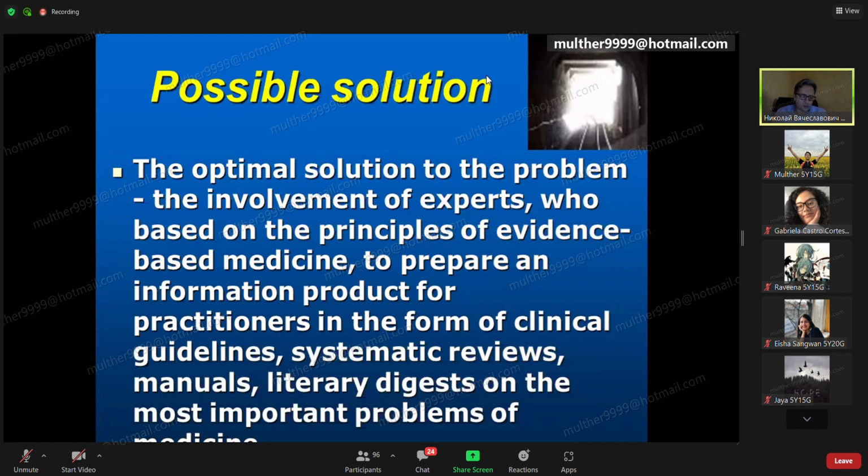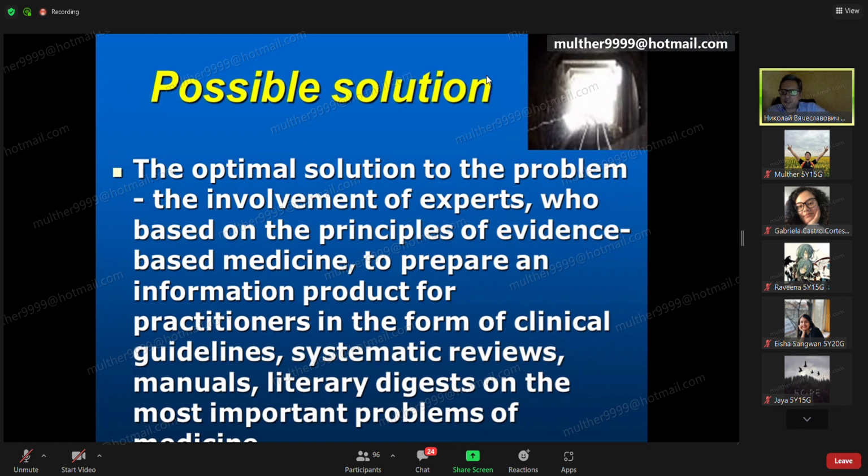And I want to remind you that when you study different nosological forms, you have to be oriented and base your investigation of the topic on the main positions which you will find in clinical guidelines.